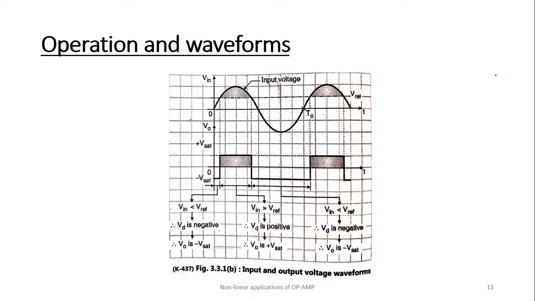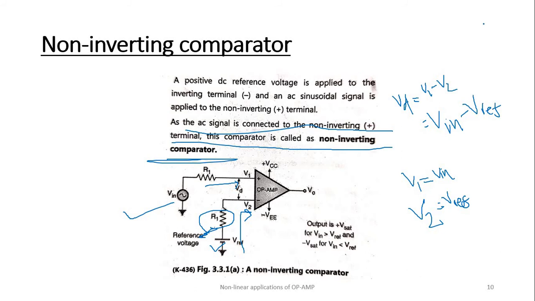When VIN is less than V reference, the inverting terminal is at a higher potential than the non-inverting terminal. Therefore, the differential input voltage VD is negative and the op-amp output will swing to the minus V saturation.